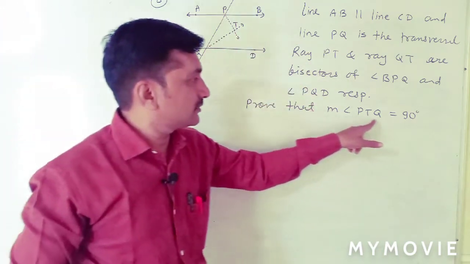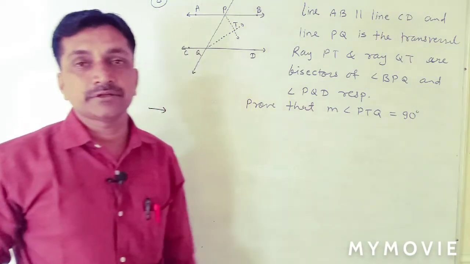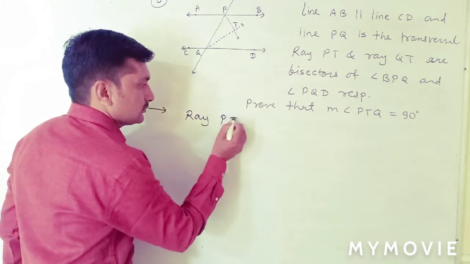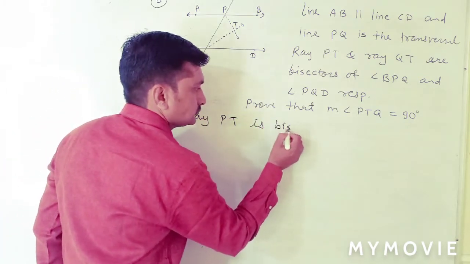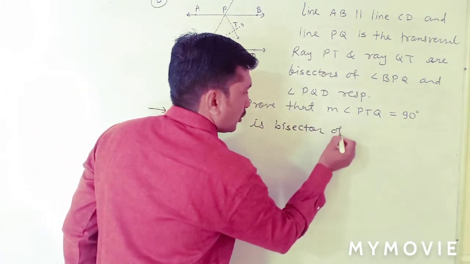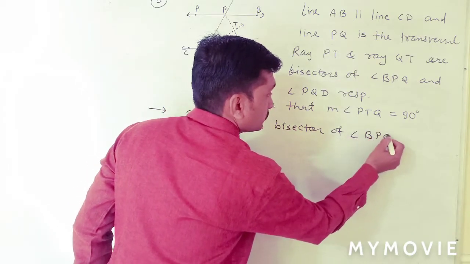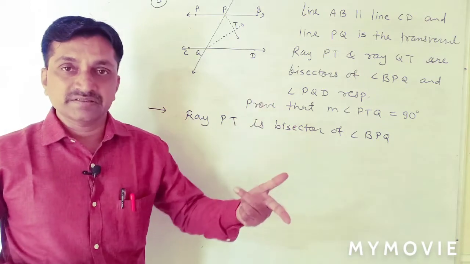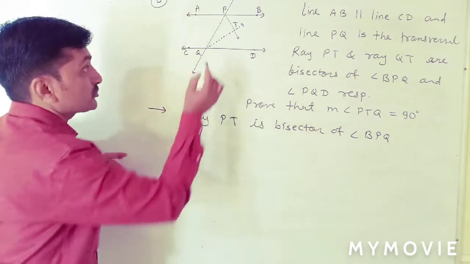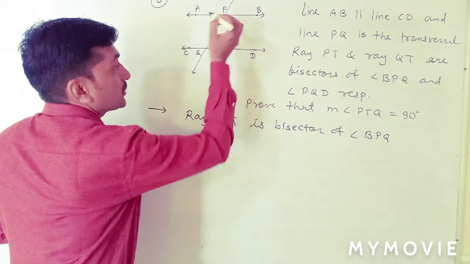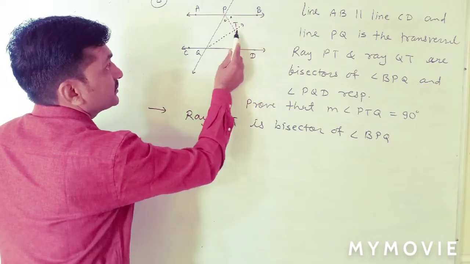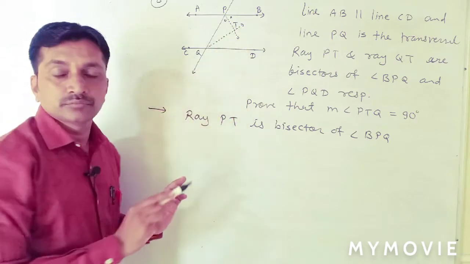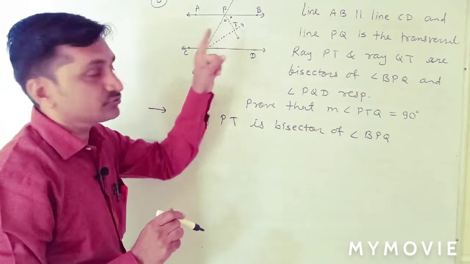Find or prove that PTQ is equal to 90 degrees. PT is the bisector of angle BPQ, and angles formed by a bisector are always congruent. These two, BPT and TPQ, both are equal, both are congruent because these are angles formed by the bisector.